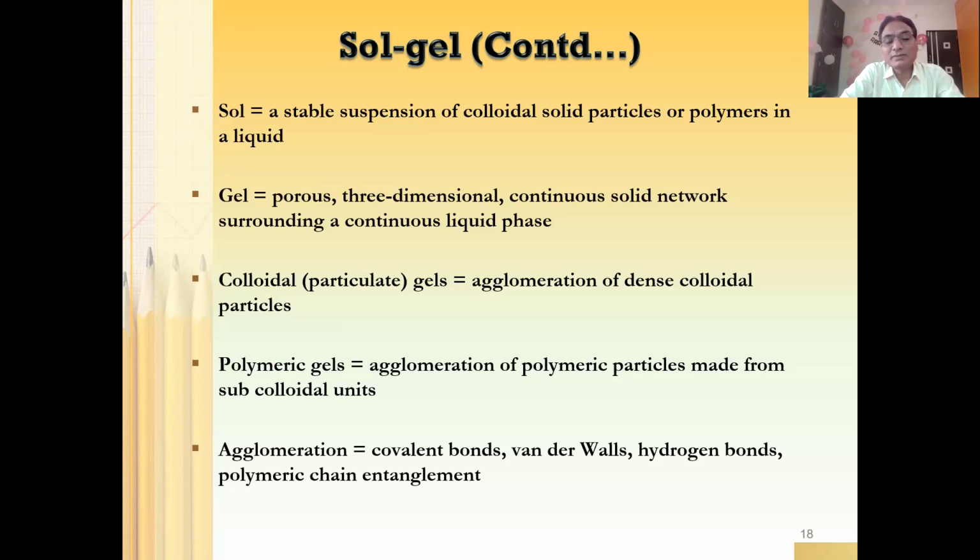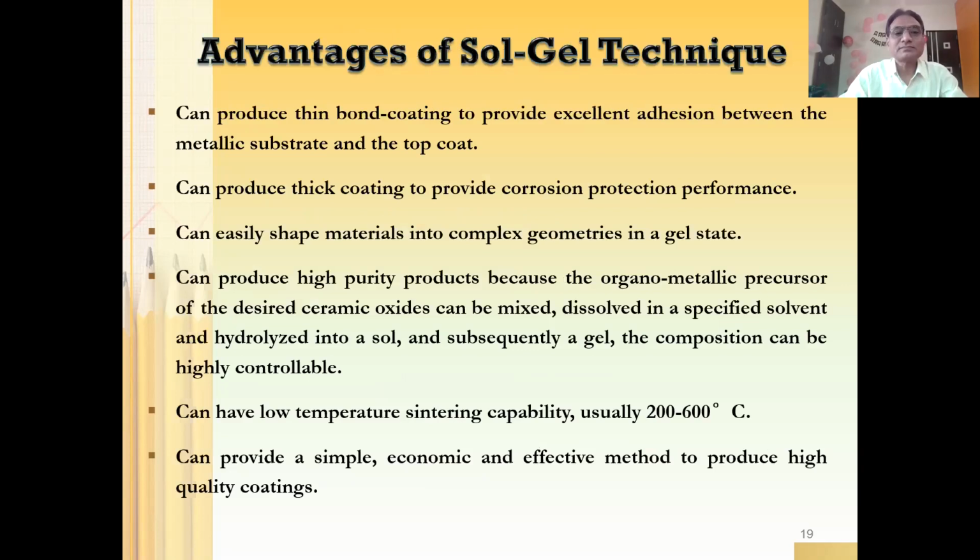The agglomeration is held by covalent bonds, van der Waals forces, hydrogen bonds, and polymeric chain entanglement. So what does it mean? Agglomeration means whenever you have many particles coming together, we call it an agglomeration.